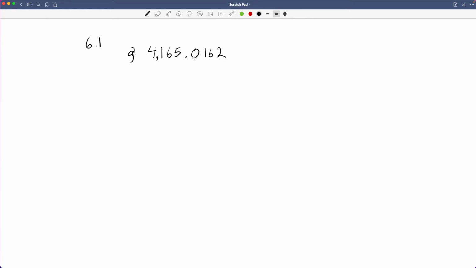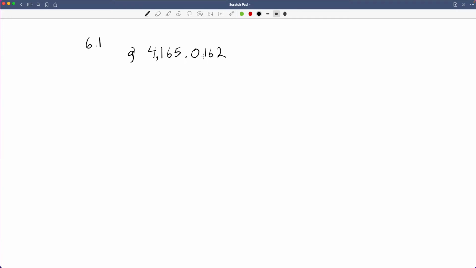And the reason you say 162 ten thousandths is because if there is not a value, if there's a 0, you skip it until you get to the first actual digit that has a value, which would be 1 or greater.